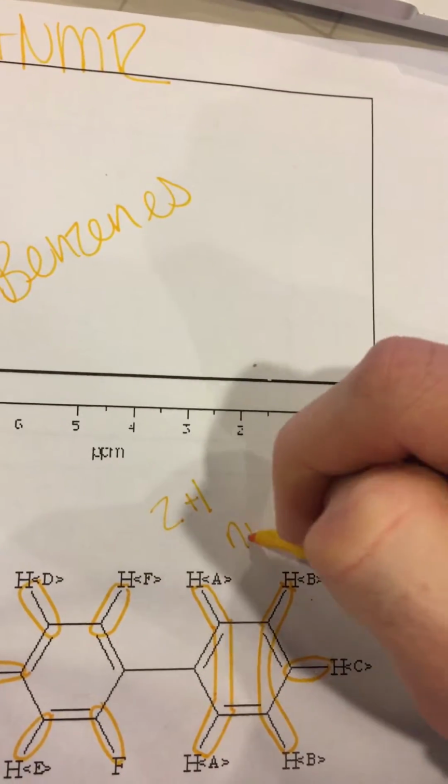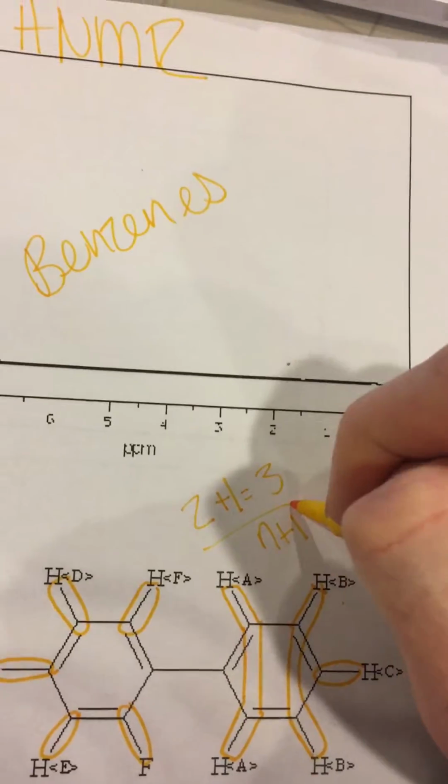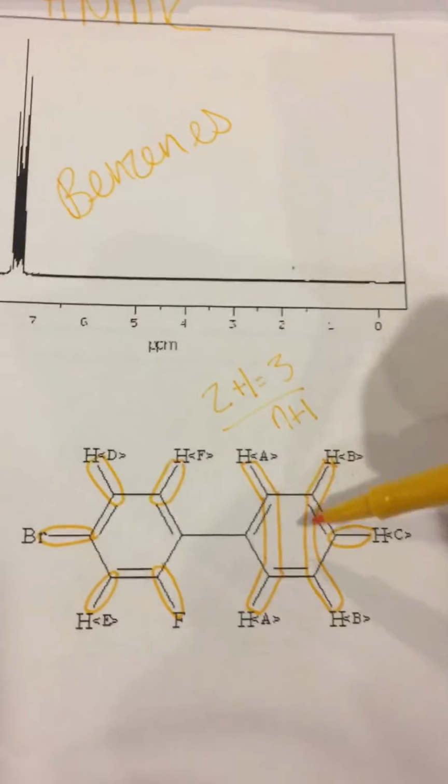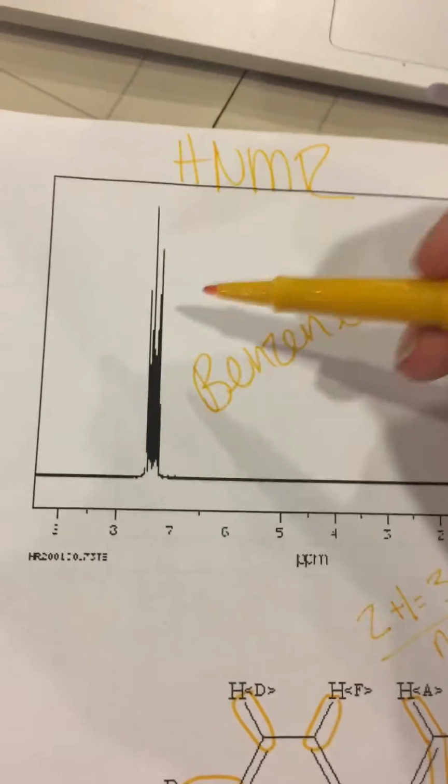This is the n+1 rule, so that should give you 3. And then we will do this for all the special environments and match them up accordingly to how many peaks there are in the diagram.